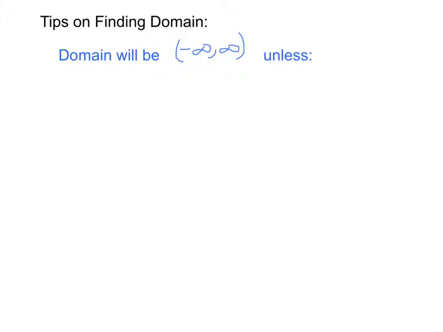Okay, these are just tips on how to find the domain. This will help you out. Your domain will always be negative infinity to positive infinity, unless you are dividing and there is a value of x that'll make your denominator 0.